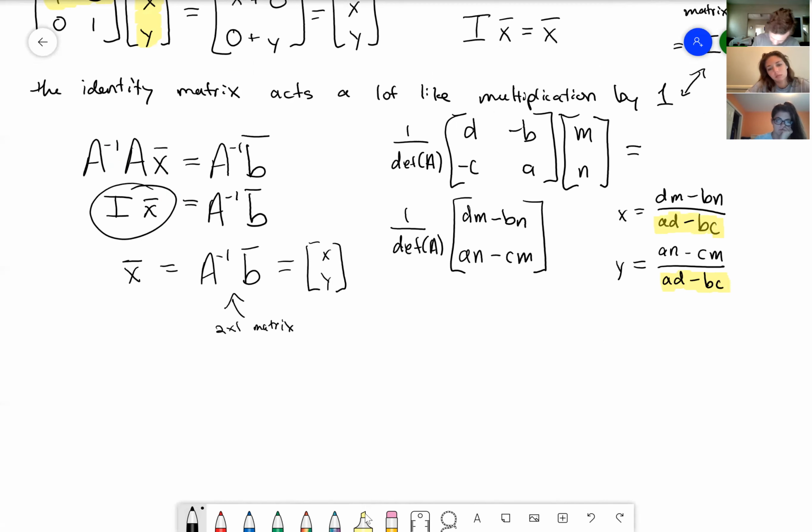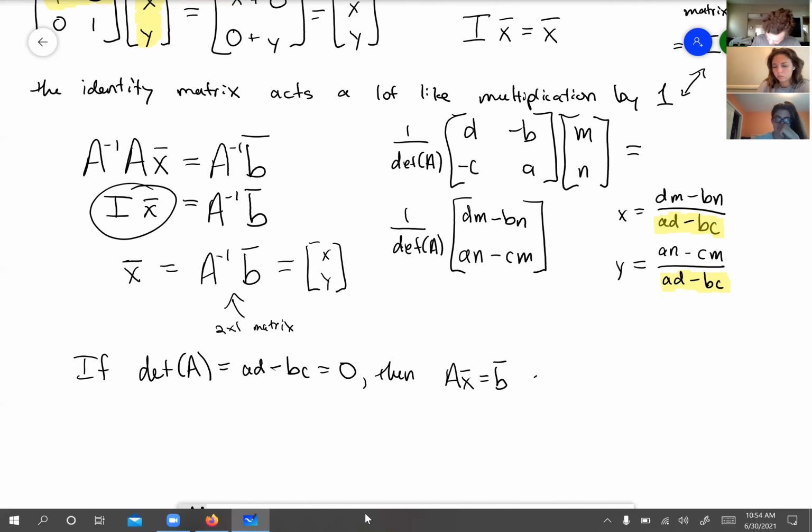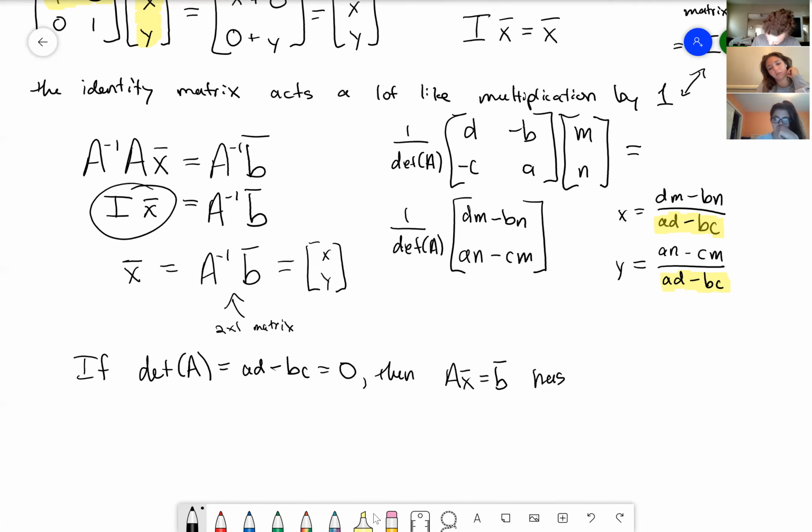In other words, if the determinant of A, which is ad minus bc, is equal to 0, then our system of equations, which we're summarizing as a matrix vector equation here, has no solution.